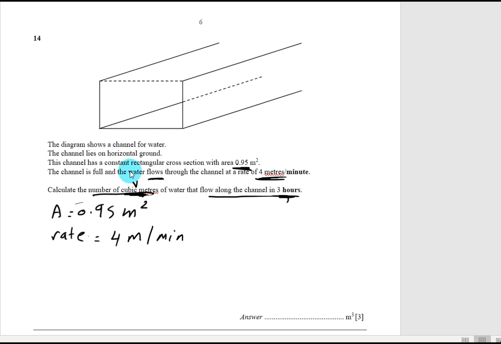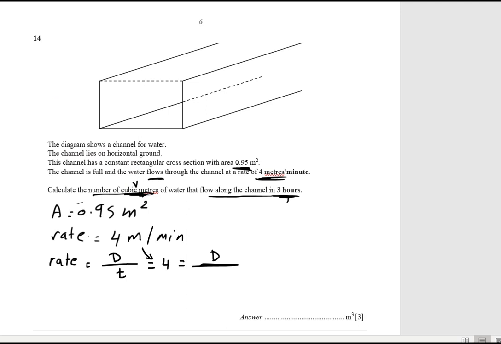So again, rate is equal to distance divided by time. Here the rate is equal to 4, the distance I don't know, and then the time, let me write the time here.